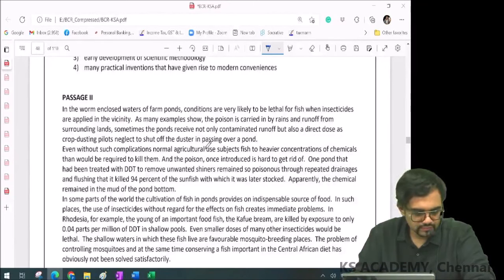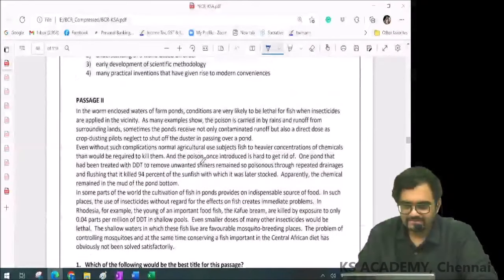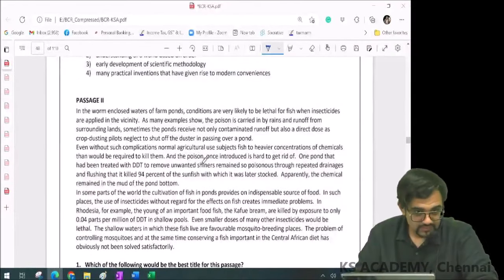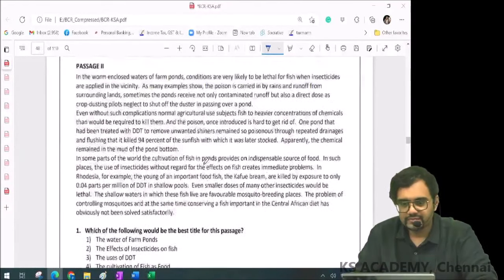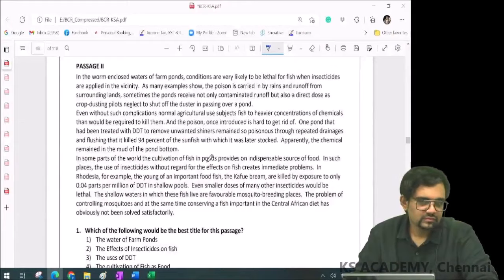Passage 2. Please solve. Only when you solve, you will come to know.